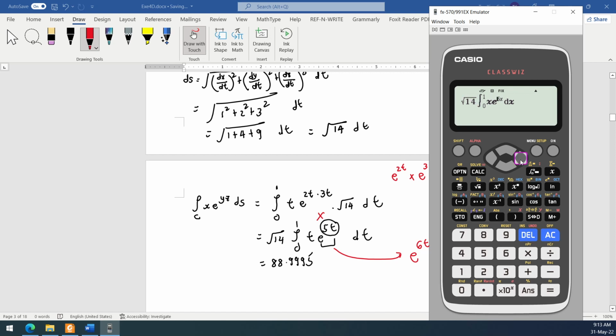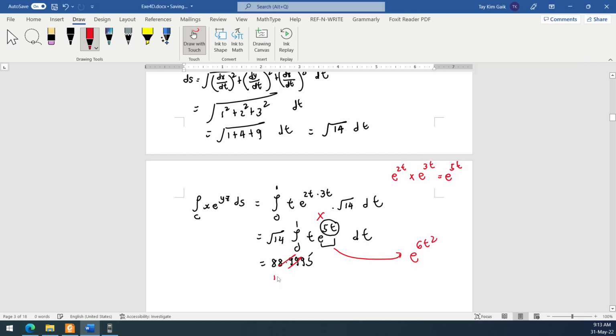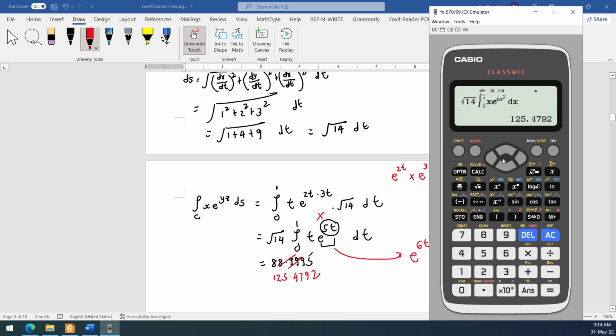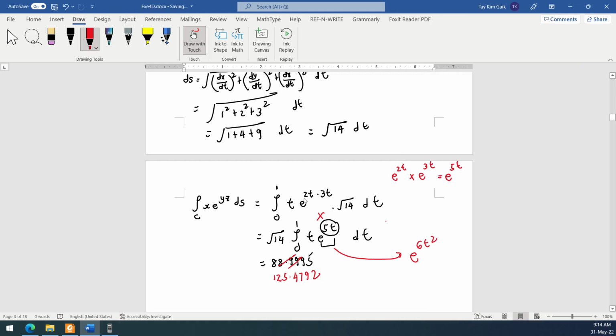We change it here to 6x squared, and it gives 125.4792. Checking out. So this is the answer provided by integrating manually, 125.4792. The mistake just now was that 2t times 3t should be 6t squared. What I made was e^(5t), which is wrong, because e^(5t) is only valid if you have e^(2t) multiplied by e^(3t).